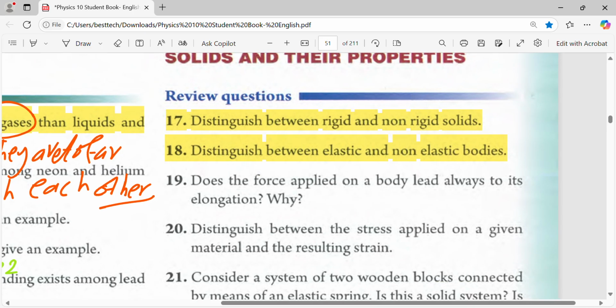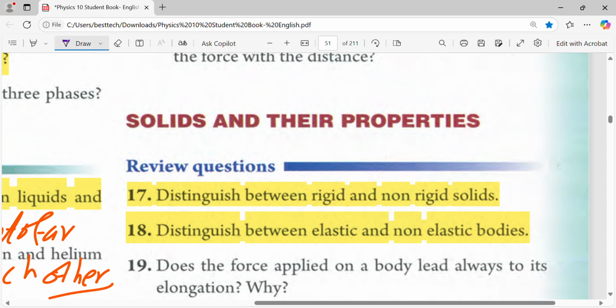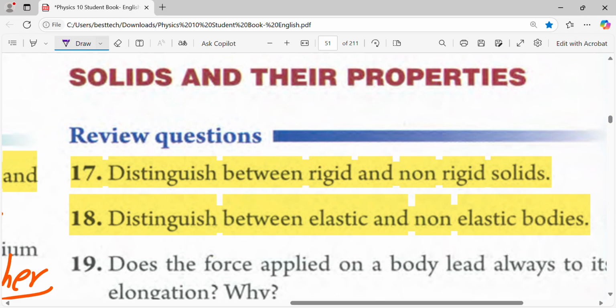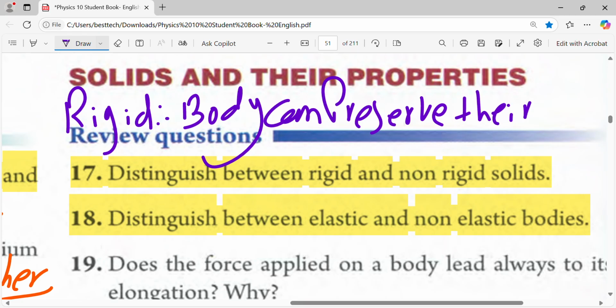Guys, the difference between them, as we studied: a rigid body is a body that can preserve its shape.